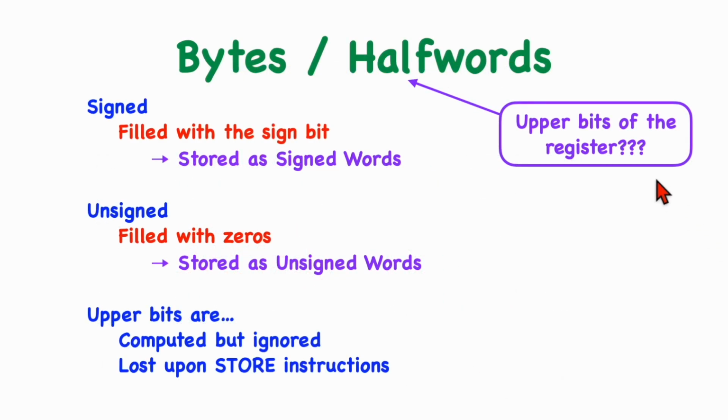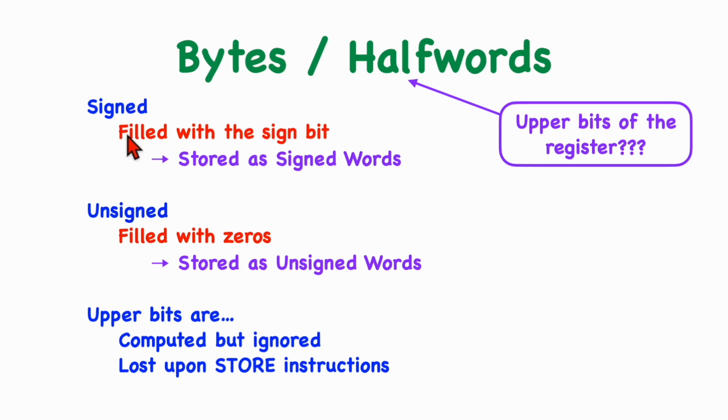We also need to talk about what happens with small integers, particularly byte-sized integers or half-word sized integers that have 1 or 2 bytes of value. If our computer has 4 bytes in the registers, that is 32-bit registers, then the question is, what's going on with the upper bits of the register? And that depends on whether we think of the integer value being signed or unsigned.